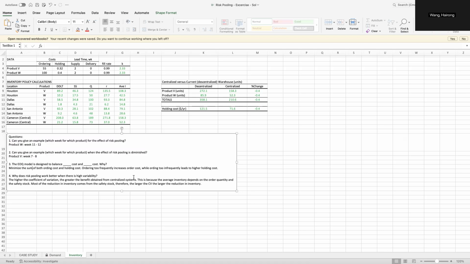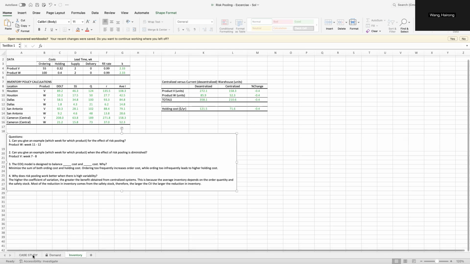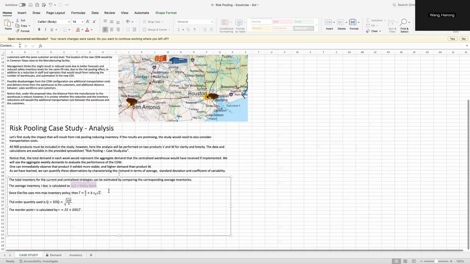And the third question is that the EOQ model is designed to balance which cost and which cost, and why? Before answering this question, let's go back and revisit the formula.